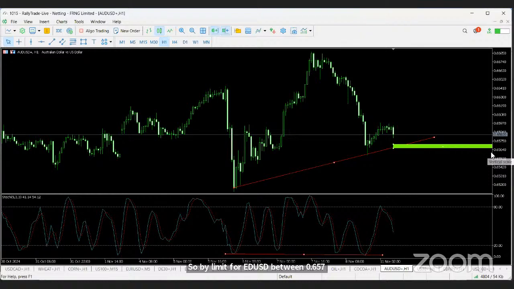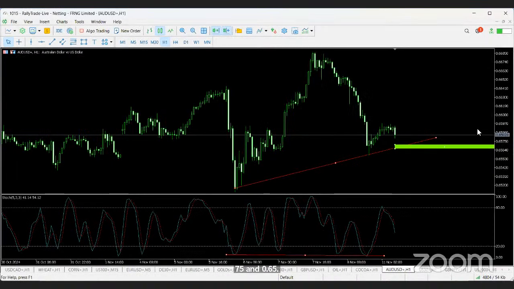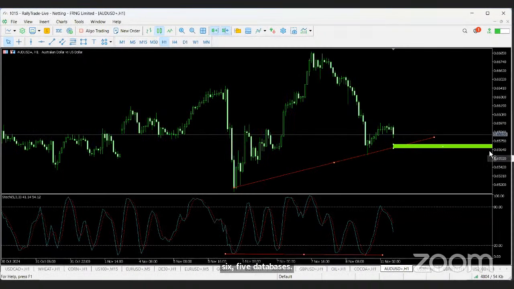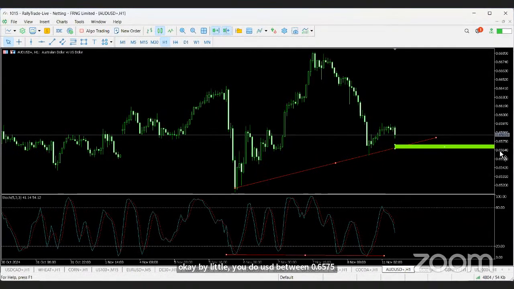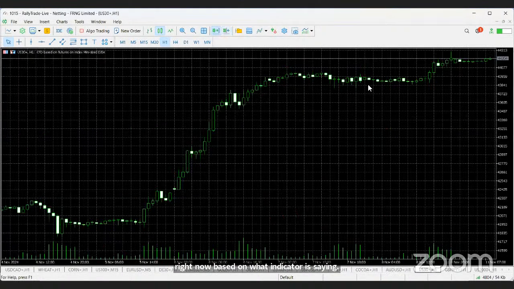So that's 0.6575 and 0.6565 thereabouts. Okay. Buy limit on AUD/USD between 0.6575 and 0.6565. You should be fine for buy limit on this one today. And of course, that's the only one that I can think of right now based on what the indicator is saying. Then we can go to US30 very fast.